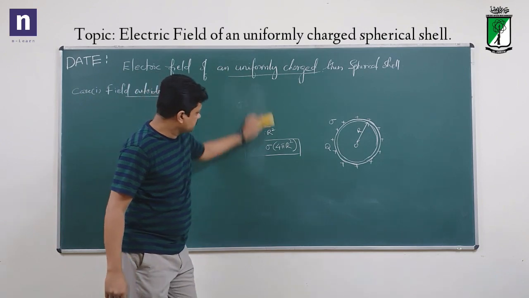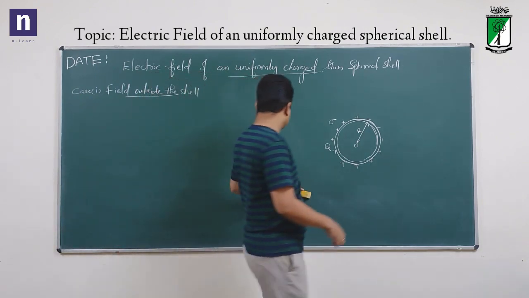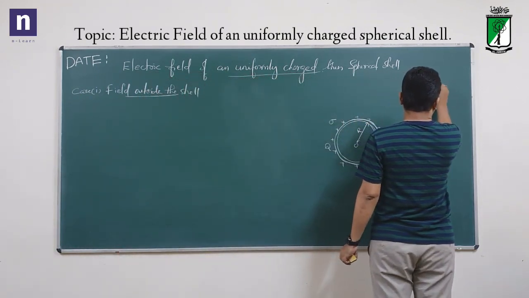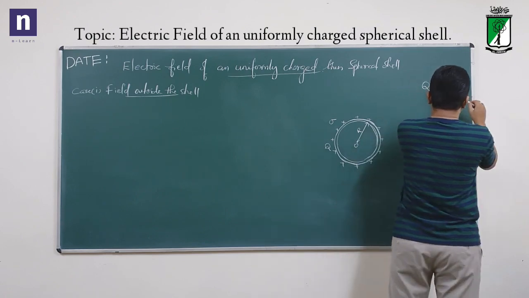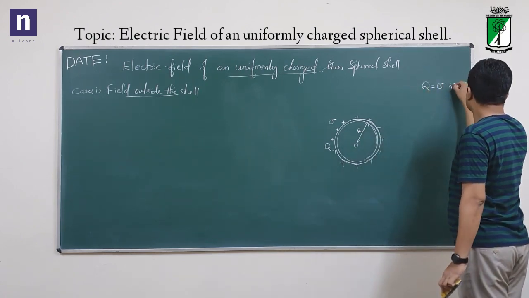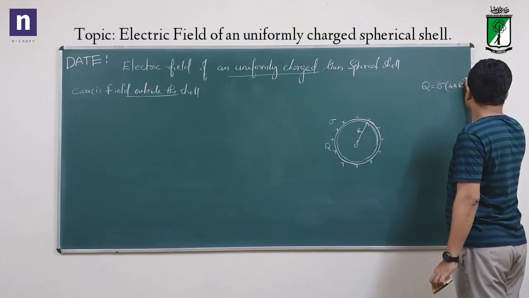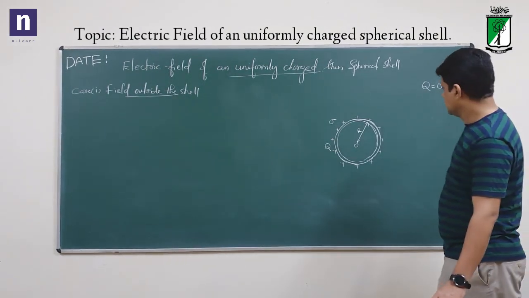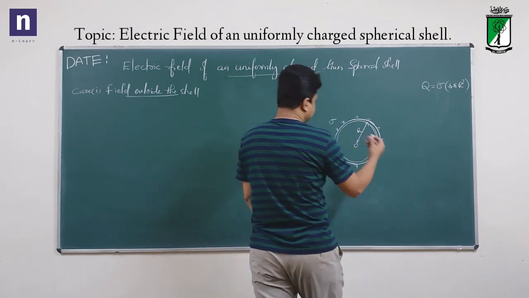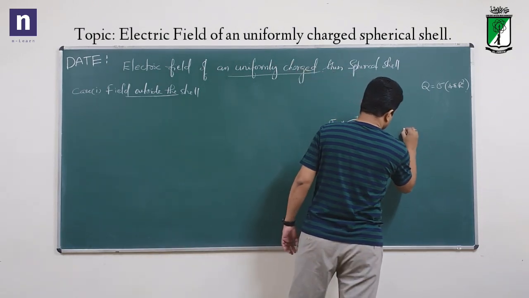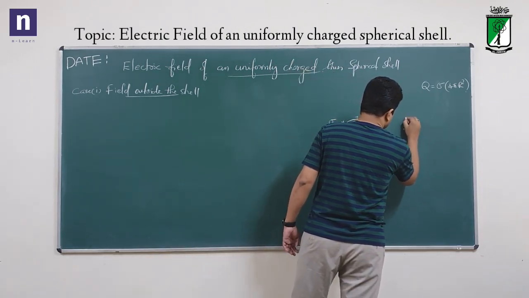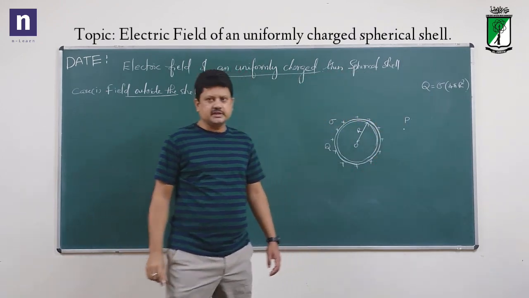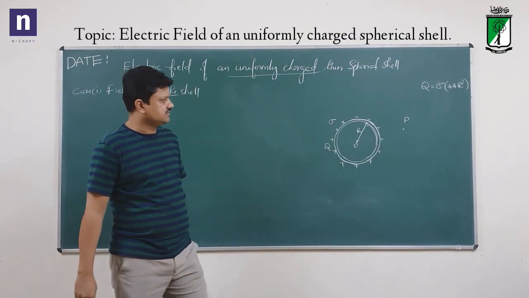As you know now, Q is equal to sigma into 4 pi R square, this is the charge, where sigma is the charge density. Now let me consider a point P where I want to find the electric field.